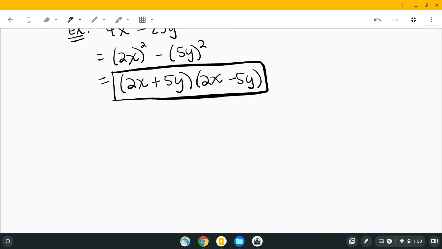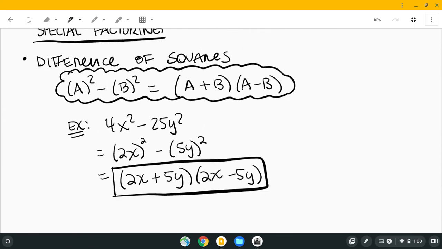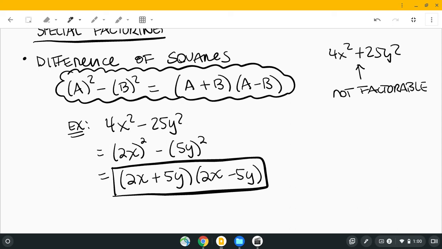All right, now let's take a look at sum and difference of cubes. Like I said here, we only have difference of squares. When we have something like this, 4x squared plus 25y squared, when you have the sum, this is not factorable. It's not factorable under the real number system.